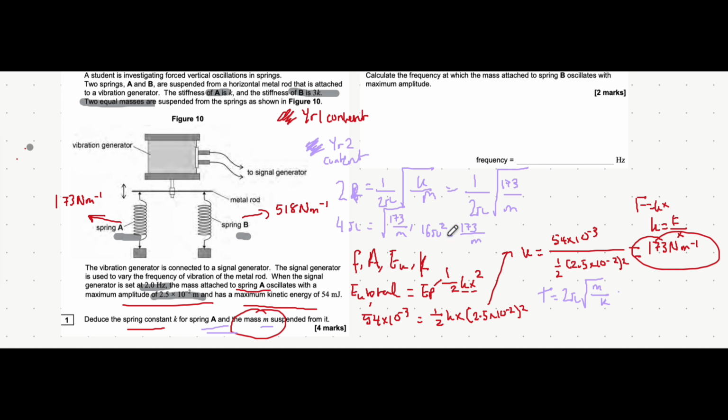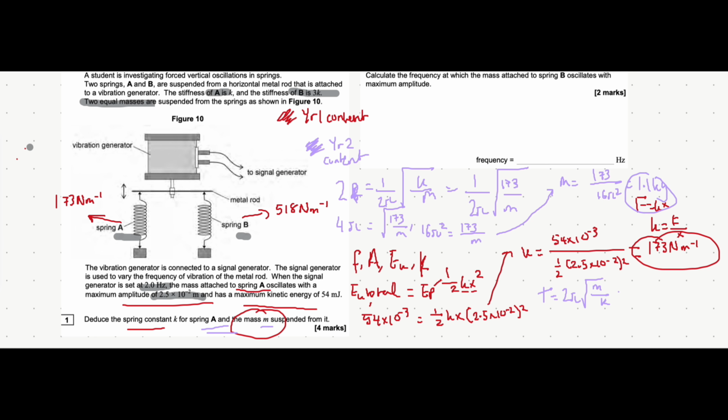And then you can swap the positions of m and 16 pi squared to obtain that the mass is 173 over 16 pi squared. I'm just going to do that on the calculator now. And it'll give you a value of 1.1 kg, because the mass is measured in kg.